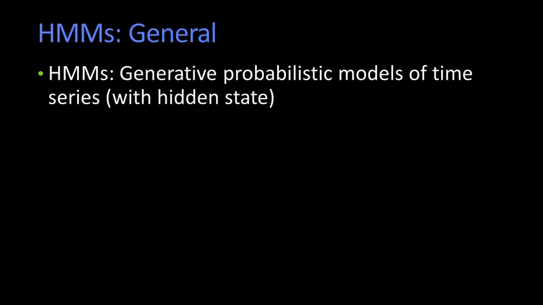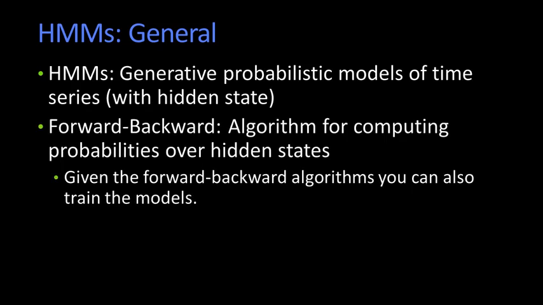We'll talk about HMMs just in general, and then we'll move on to vision. In general, HMMs are generative models of time series with some notion of a hidden state. That is, they can talk about the probability of generating a particular output. The forward-backward algorithms, those recursive ones, allow you to do computing over the states, and you can also use that computing to train up your models.